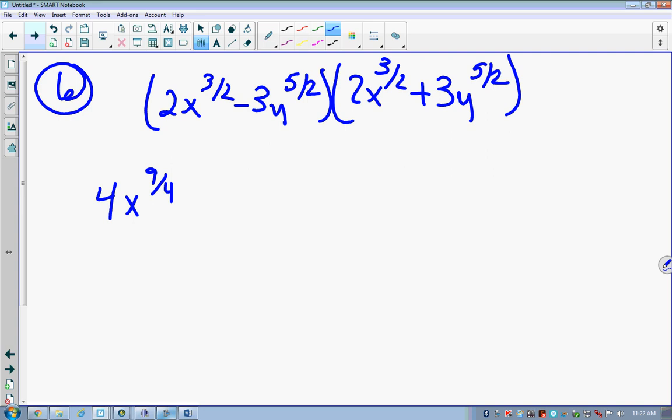And then we should get minus 9y to the 10 fourths. Okay, which is going to reduce, right? Hold on. 5 times 5 is not 10. 25 fourths. Okay.